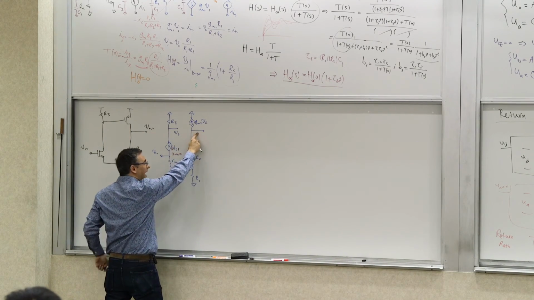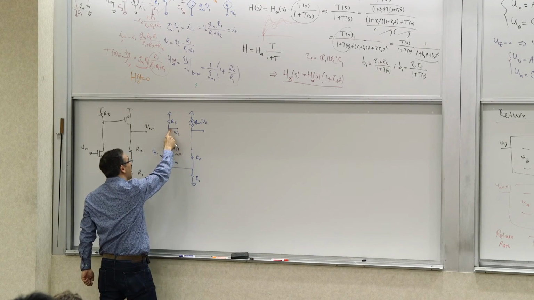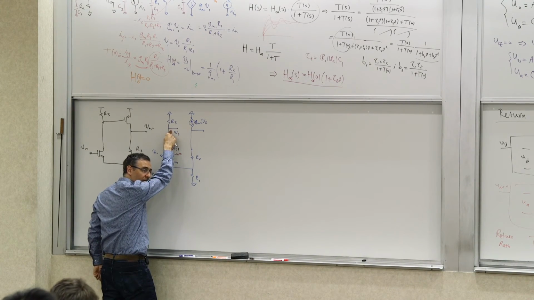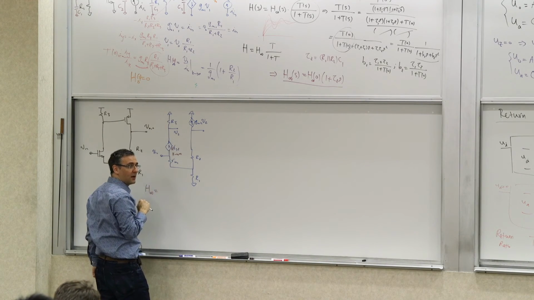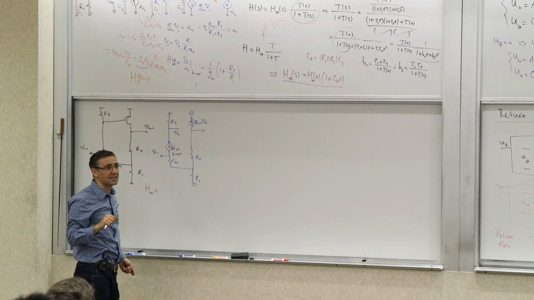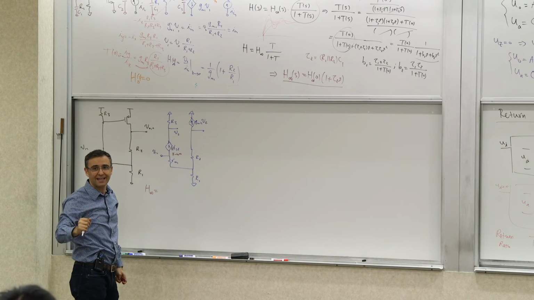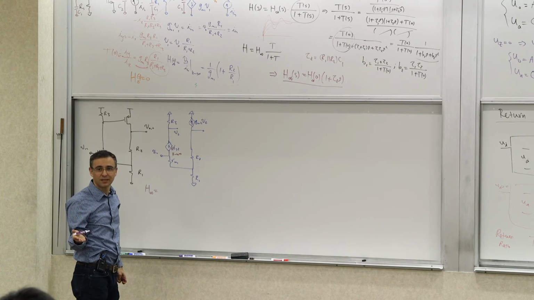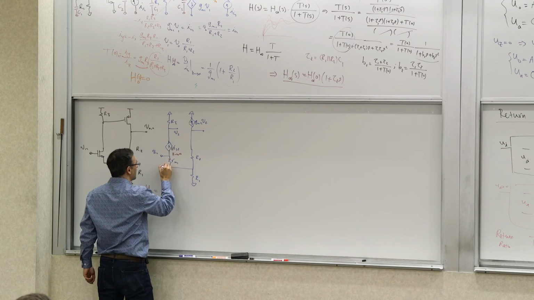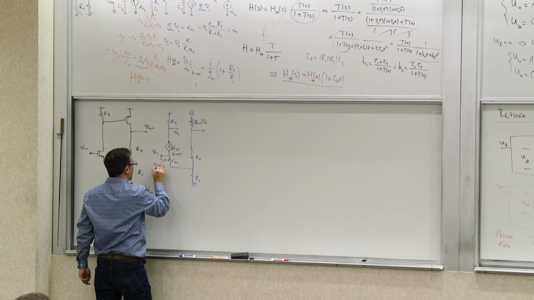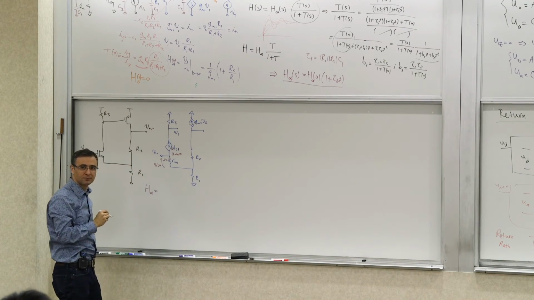So to get finite output here, you have to have a finite voltage here. V2 has to be finite, which means that this current has to be finite. Now if k times I1s is to be finite and k is infinity, then I1s has to be 0. So this current I equals 0, and this voltage is 0.